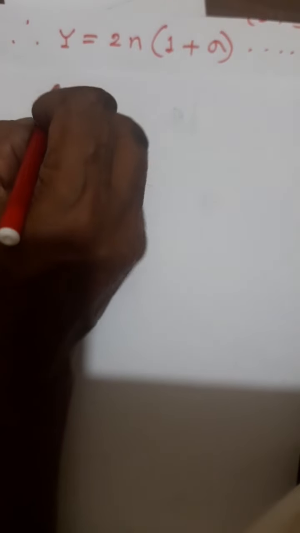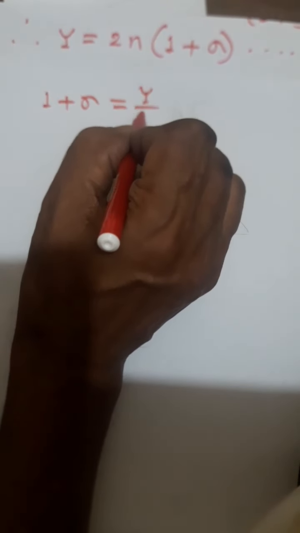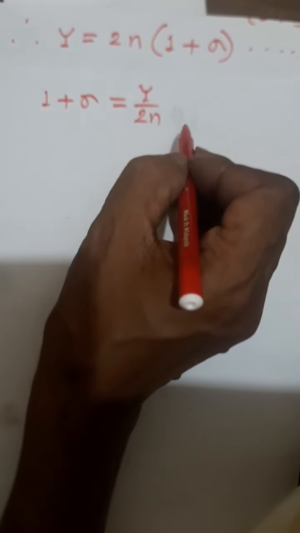From equation 2, we may write 1 plus sigma equals Y divided by 2n. Therefore, sigma equals Y by 2n minus 1.